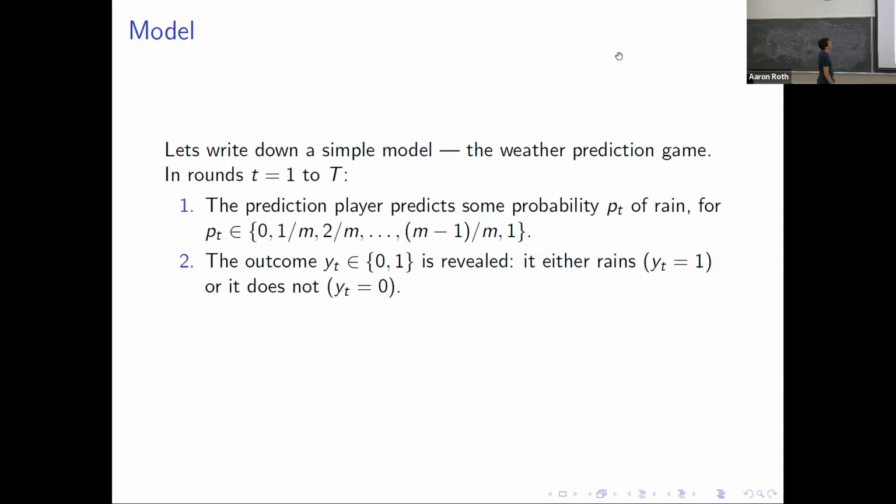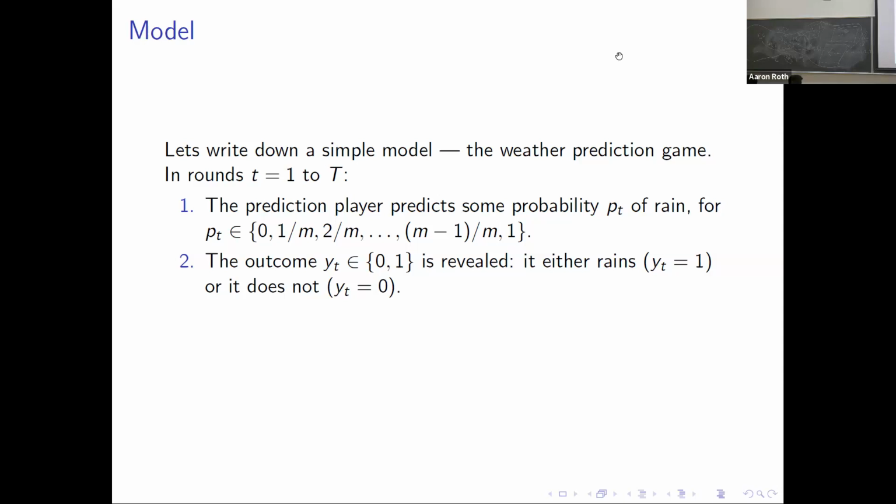Let's say he's got some discrete set of predictions. Maybe he predicts the probability up to 1 percentage point of granularity. He says there's a 23% chance of rain. He never says there's a 23.92865% chance of rain.